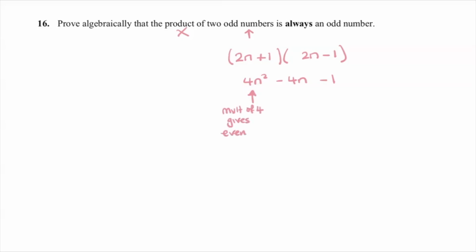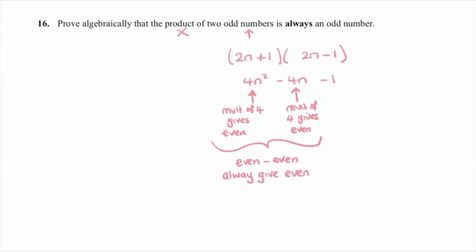I'd then take a little look at the next one. And again, I've got that multiple of 4. Now, this here is an even number, take away an even number. Or you could say it is a multiple of 4, take away a multiple of 4, which is always going to give even.